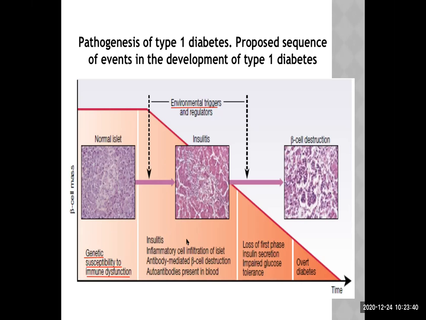That autoimmunity will result in infiltration by different mononuclear cells, which is known as insulitis. So what happens in insulitis? There is inflammatory cell infiltration of the islet of Langerhans. Antibodies are also synthesized. They mediate beta cell destruction, and autoantibodies are present in the blood. These are called anti-islet cell antibodies.